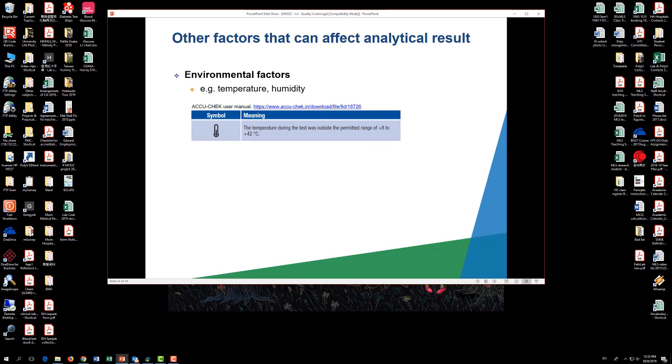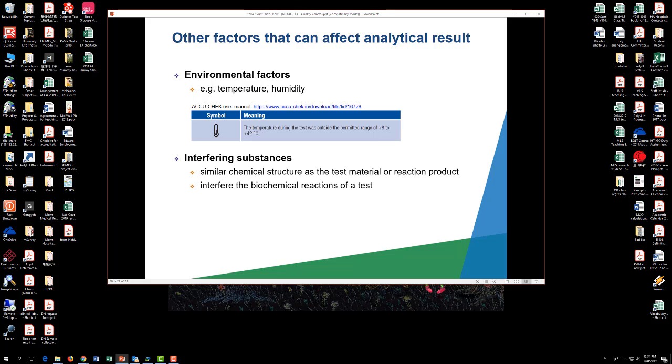Actually, every analyzer and reagent is calibrated in a certain environmental condition before it is launched to the market. So we have to know there must be some restrictions. If we use it in an improper way, the results can also be inaccurate.